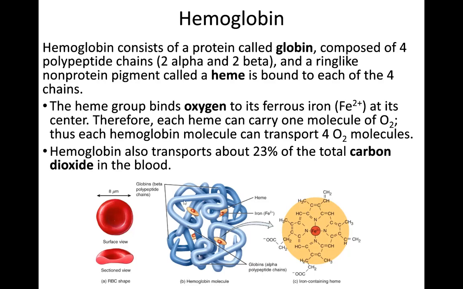And there are 4 chains. 2 of them are betas, 2 of them are alpha chains. Associated with each one of those chains is a non-protein structure called heme.